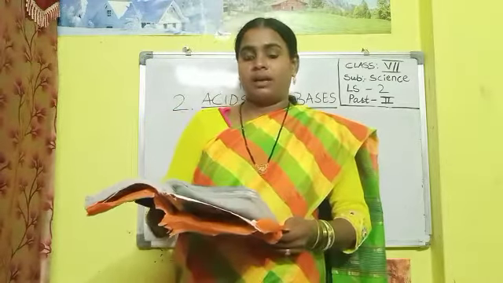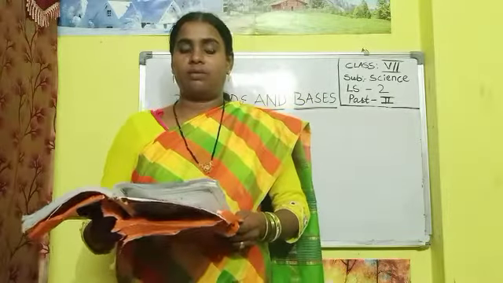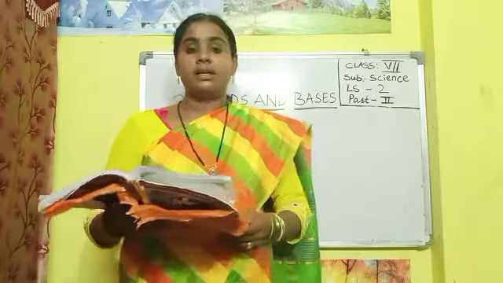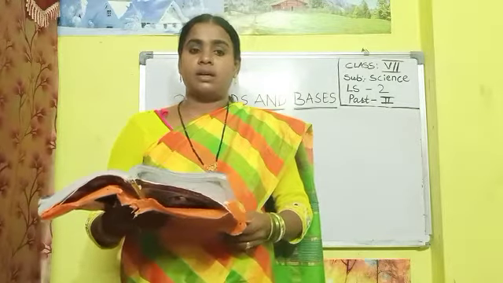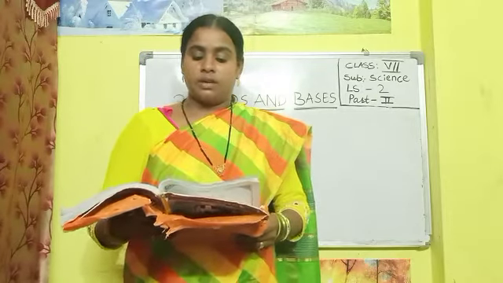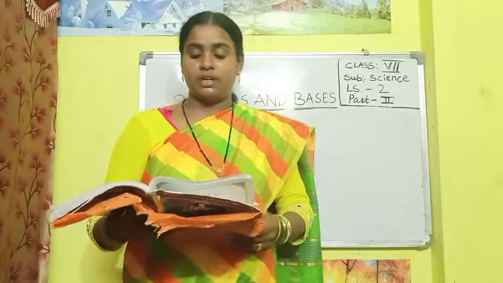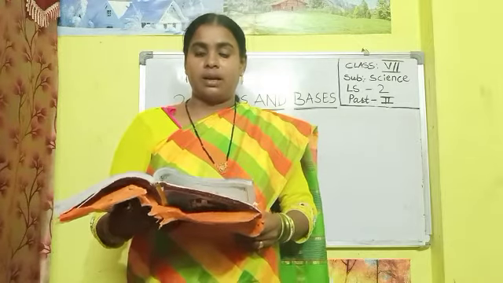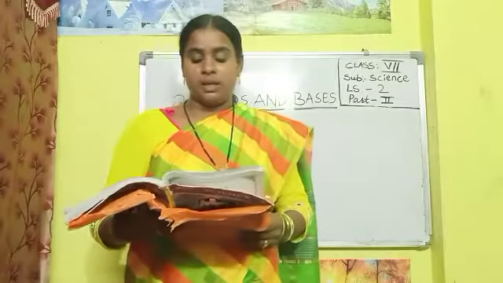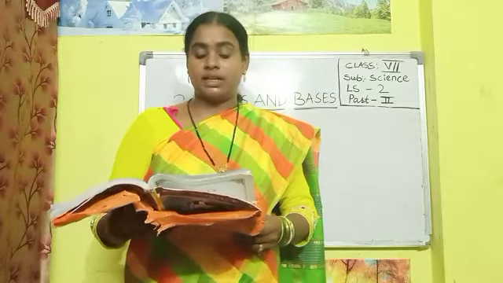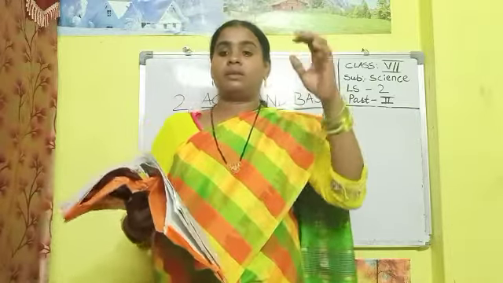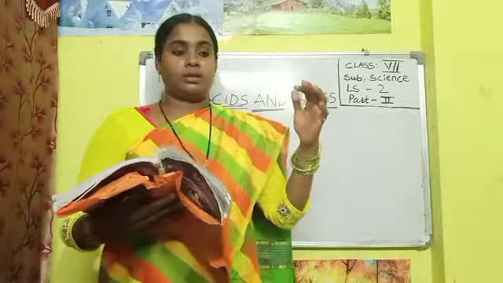So children, why does acidic rain occur? Due to the industrial dust. The industries are releasing dangerous gases like sulfur dioxide, nitrogen oxide and carbon dioxide, and these mix with the air moisture and change into sulfuric acid, nitric acid and carbonic acid.